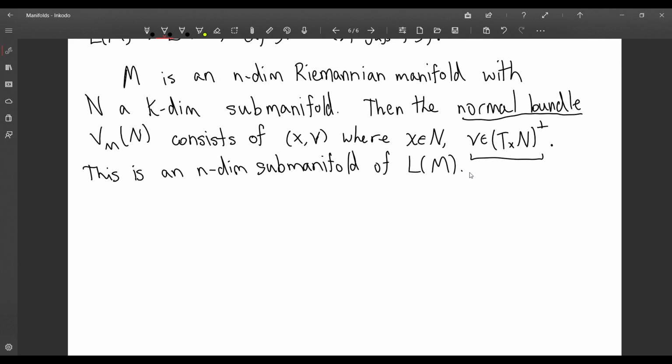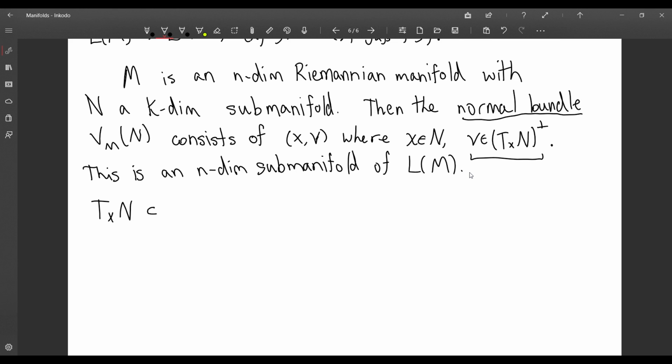So what does this mean, right? Since N is a submanifold, the tangent space to N at the point x, if x is in N, then x is also in M, right?